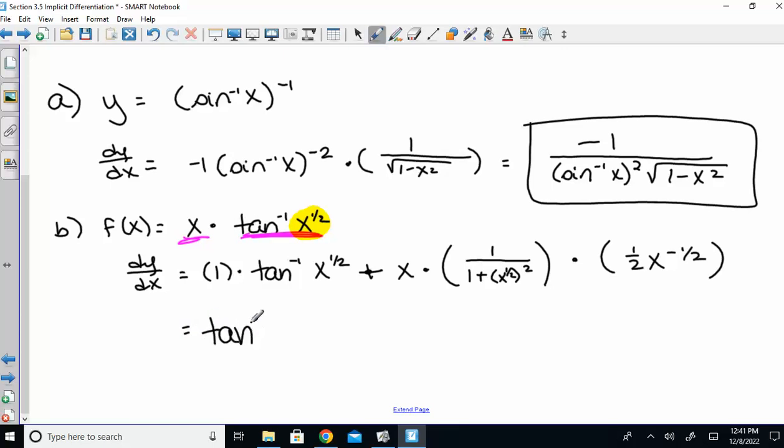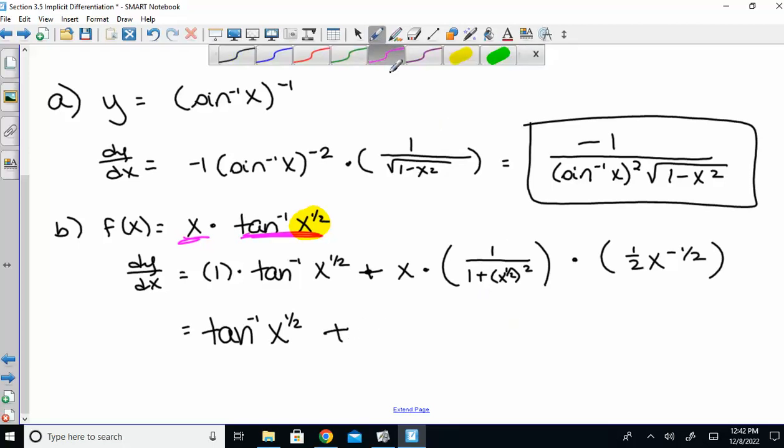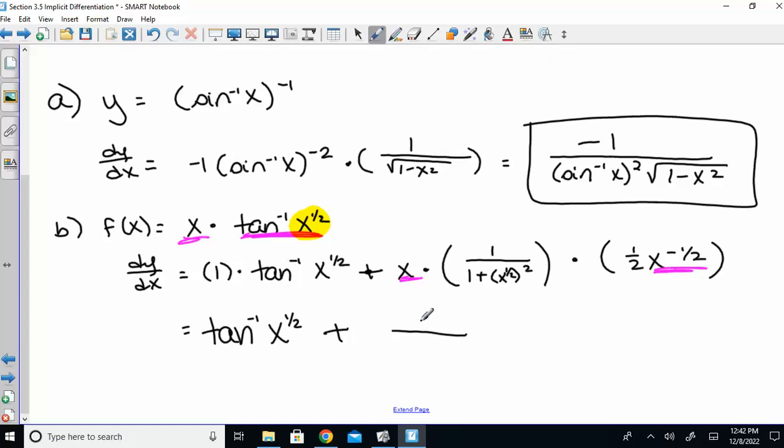So if we clean this up a little bit, we have tangent inverse of x to the 1/2, or you can write it as a square root, plus, alright, if I multiply together, what's an x times an x to the negative 1/2? x to the 1/2.